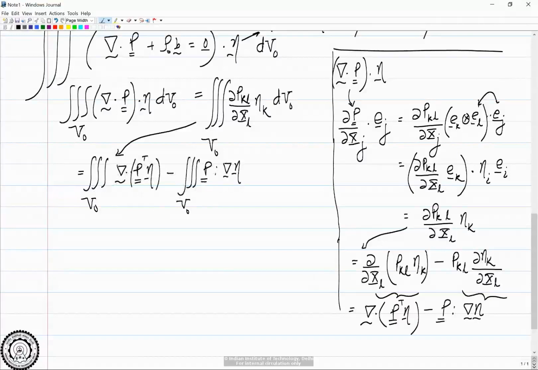Okay, so again the first term you can now use the Gauss divergence theorem, and instead of integration over volume, it becomes integration over surface, let us say S naught, of P transpose eta dot with the outward normal, isn't it? Which let's say is big N dS naught. Okay, and the second term is as it is.